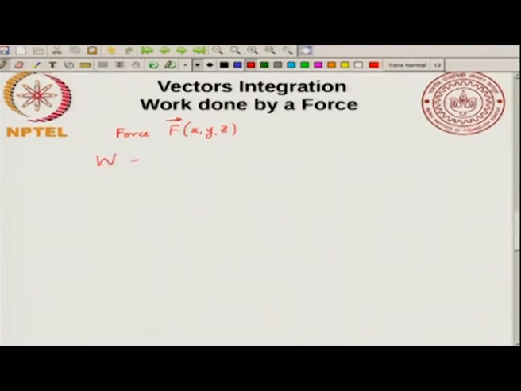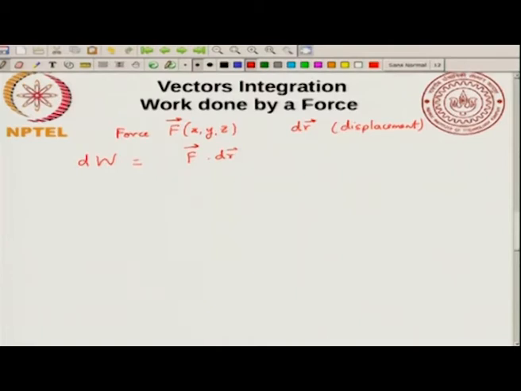If you displace it by some small amount dr, so this is the displacement, then the work done is given by F dot dr. It is a dot product.